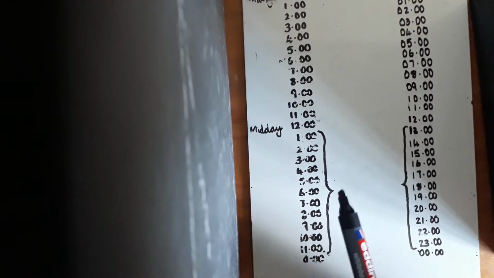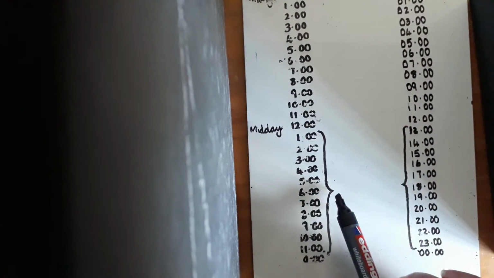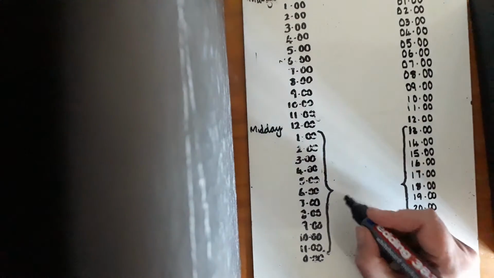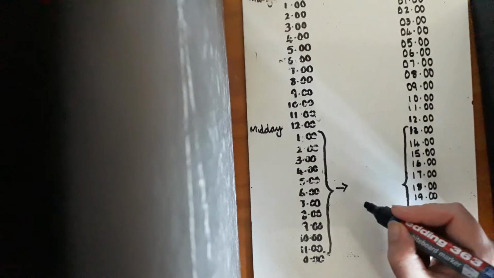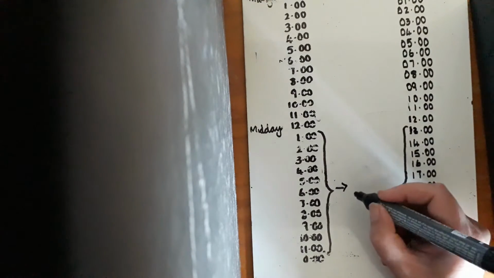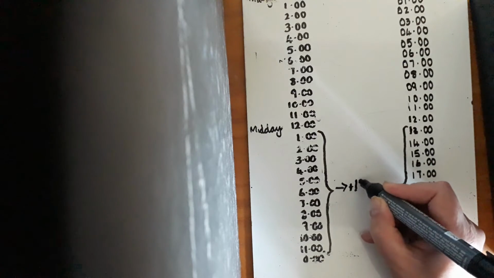Okay, so if we want to convert from 12-hour time, our PM times, into 24-hour time, we need to add 12.